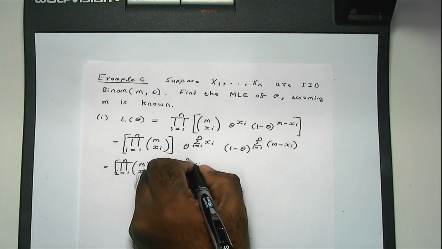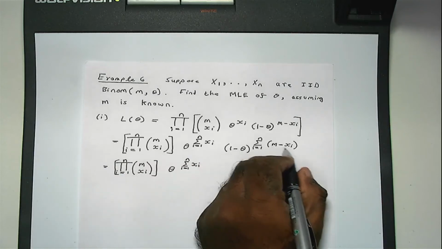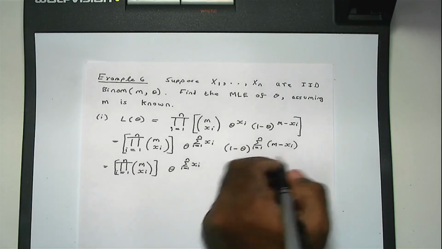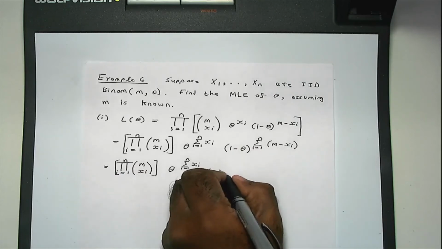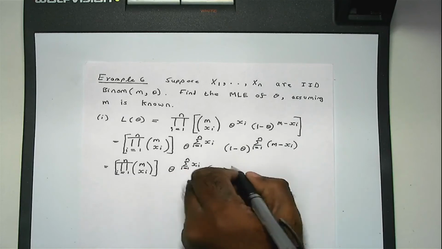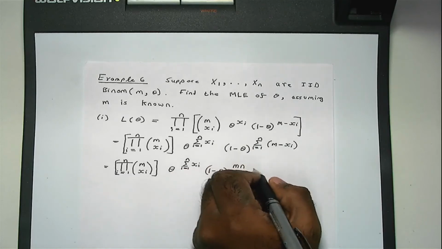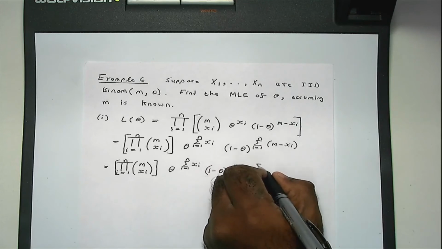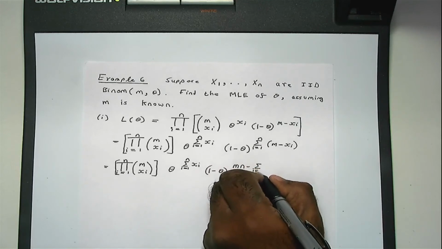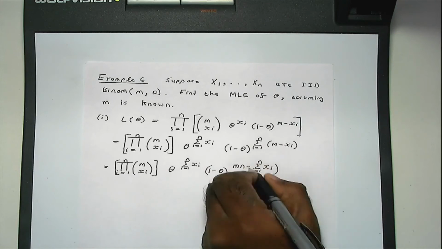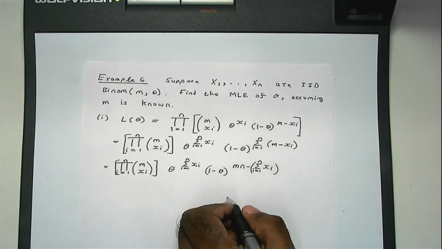Now this guy here, the sum of m minus xi, if you take the sum inside the brackets, you can write it as follows. The sum of m is going to give you m times n, and then minus the sum of xi. Okay, so this is what you get.